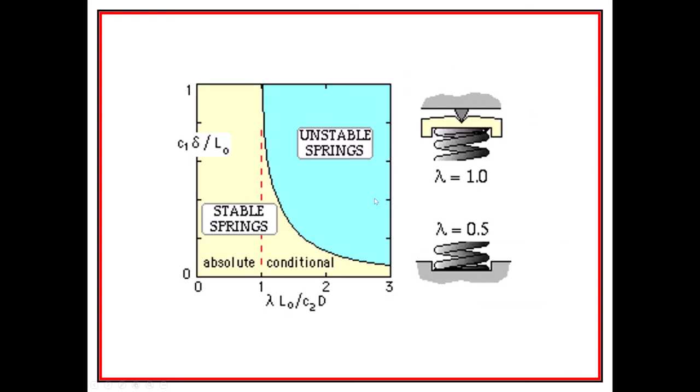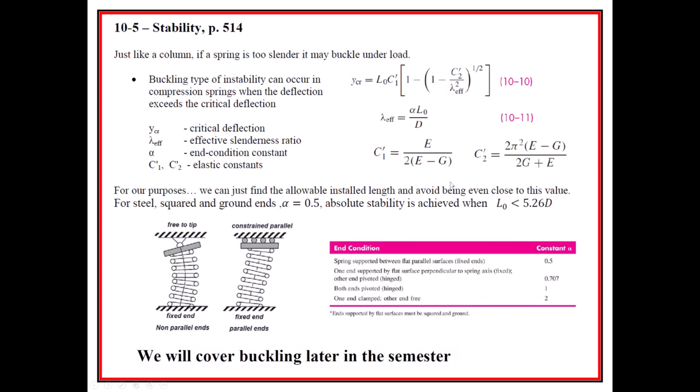When everything's said and done, they just use in the book this equation right here. It's really boring. So that's just keep the overall length less than 5.26 times the diameter for regular ground ends, which is kind of typical. But I'd rather be able to derive this and use this with buckling stuff that we might have learned in 370, but can't quite do it.